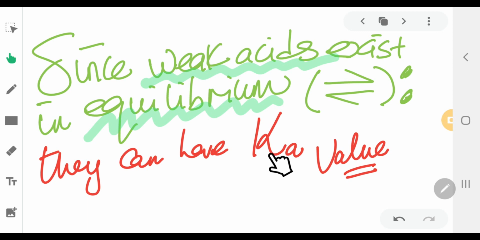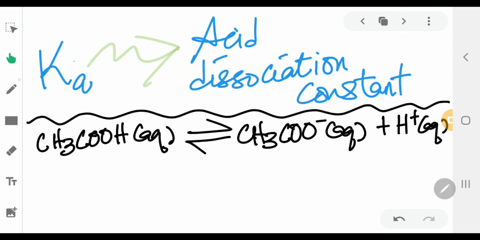If you know how to write the expression for Kp and Kc, you should be able to write the expression for Ka. The reason weak acids are able to have Ka is that they exist at equilibrium. They can be at equilibrium because they are partially dissociated in aqueous solution. So, Ka is defined as the acid dissociation constant.